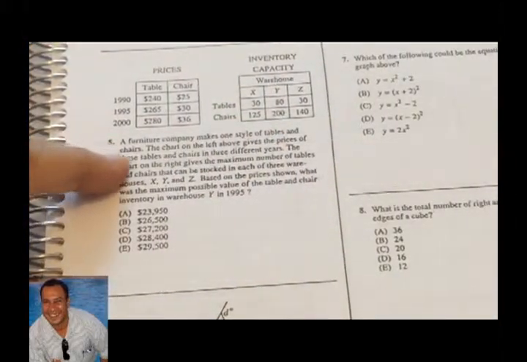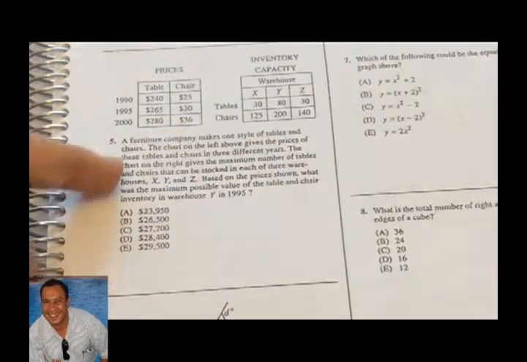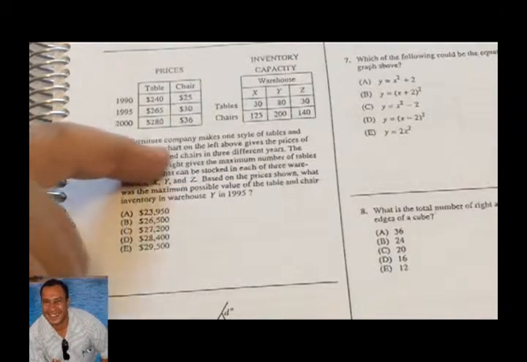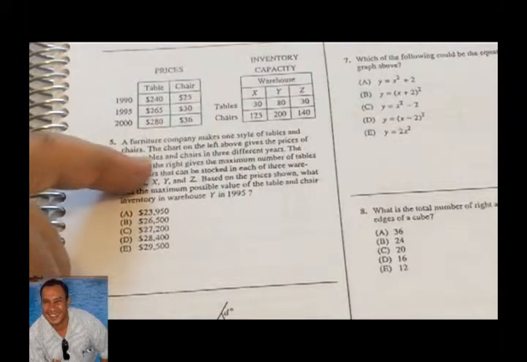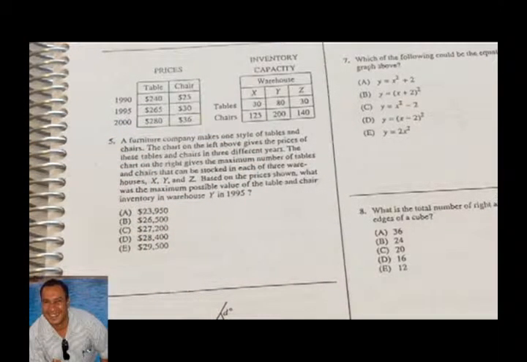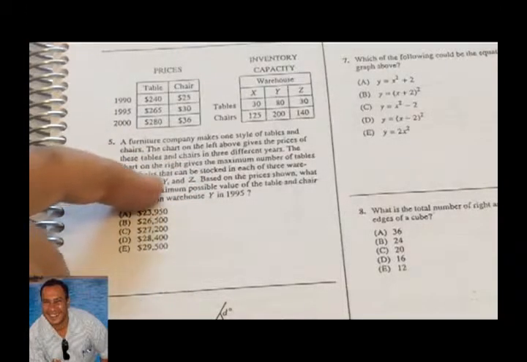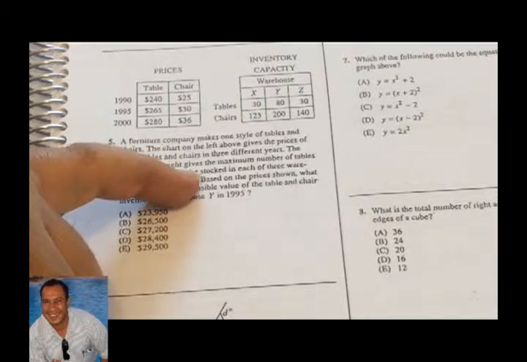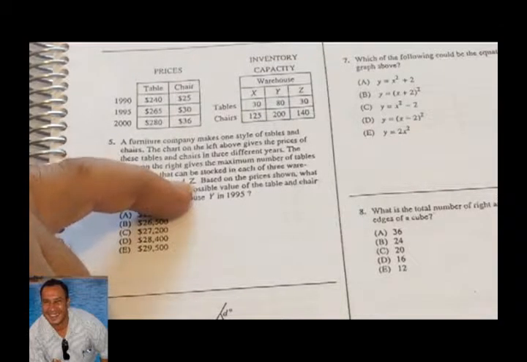This problem states a furniture company makes one style of tables and chairs. The chart on the left above gives the prices of these tables and chairs in three different years. The chart on the right gives the maximum number of tables and chairs that can be stocked in each of the three warehouses X, Y, and Z.